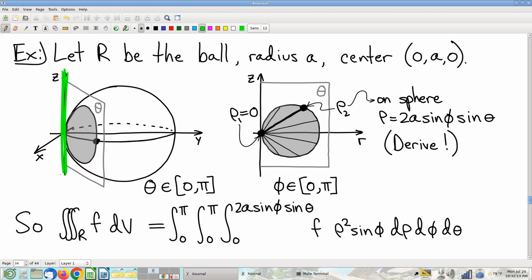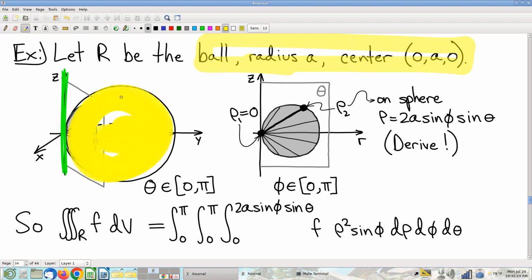Notice this is not. So this solid that I've got here, my actual domain, is kind of tangent to that line, but it doesn't go all the way around it. Is that satisfying? I think I just have to think about it a bit more.